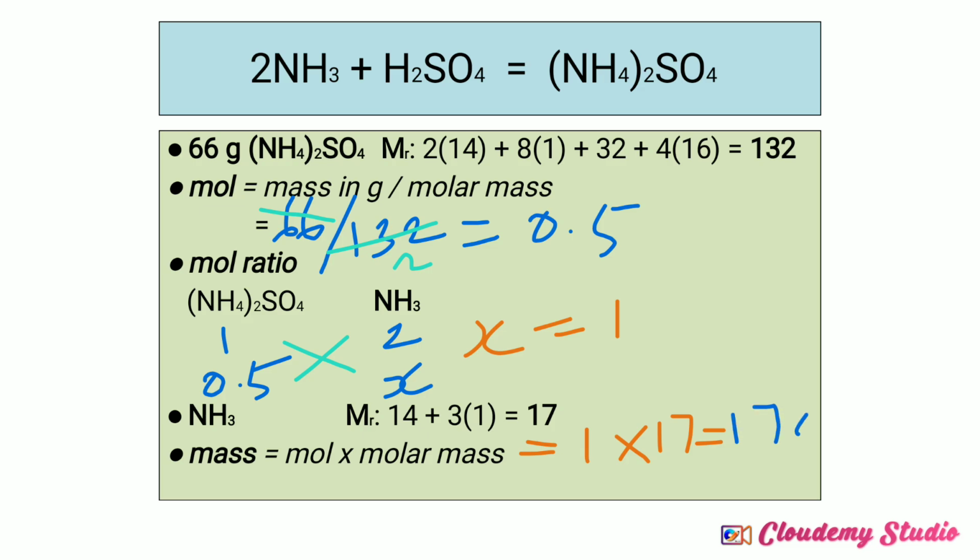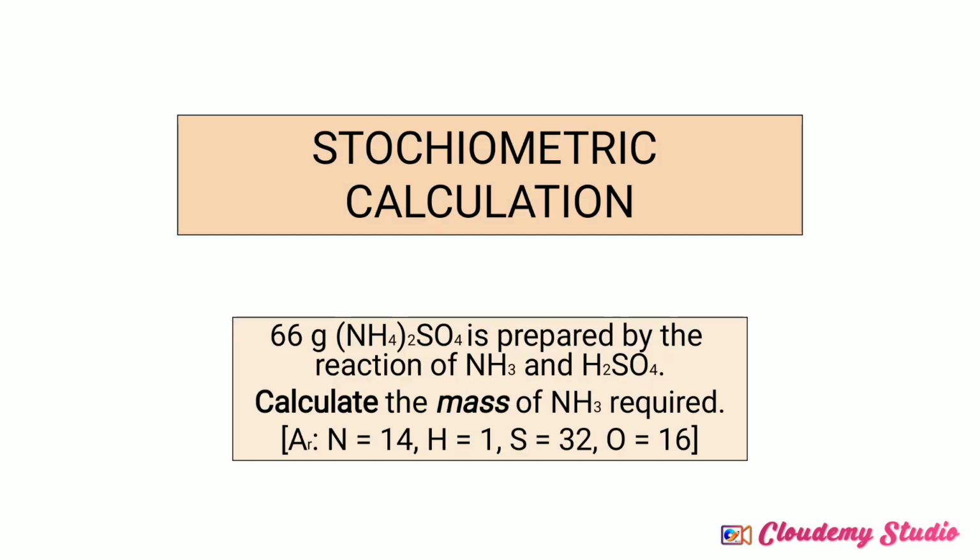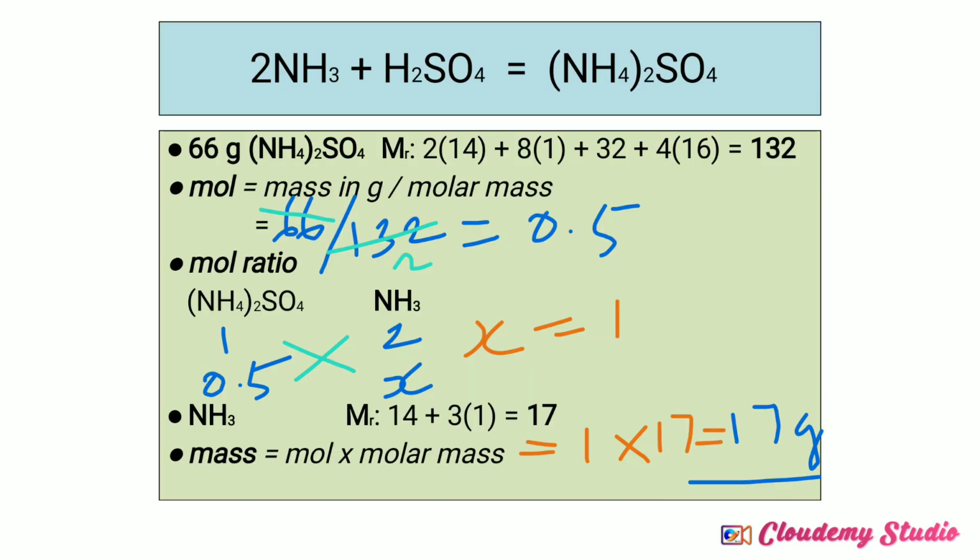As it's a mass, the unit is gram. So the result is that 17 gram of ammonia will be obtained. That is the question: calculate the mass of ammonia. 17 gram of ammonia is the answer.